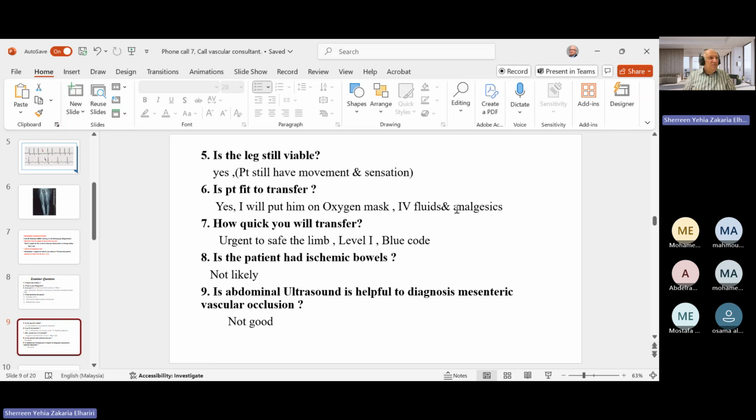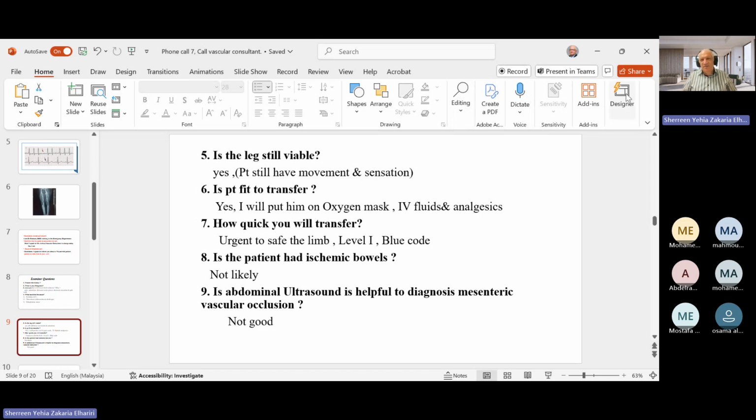So do you need me to go to the hospital today, or do I see the patient tomorrow? No, right now. Okay. If this patient has ischemic bowel, according to the AF and the presentation, he may have mesenteric ischemia. Yes. If you tell that to the examiner, what do you expect?